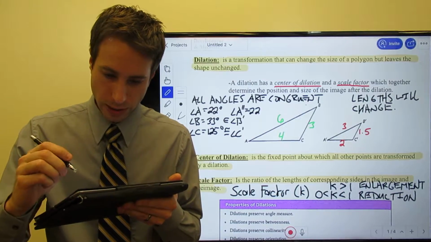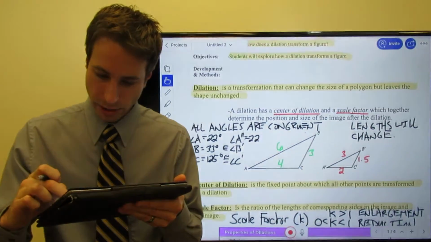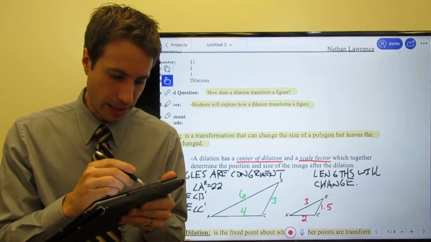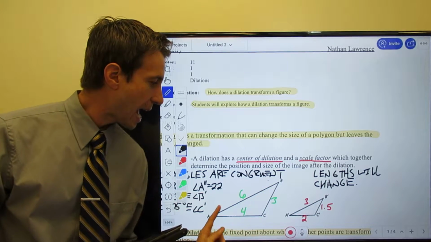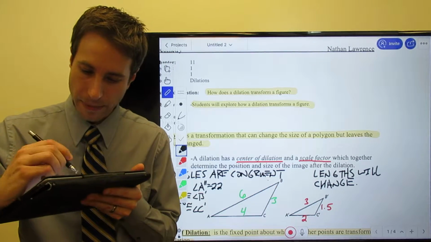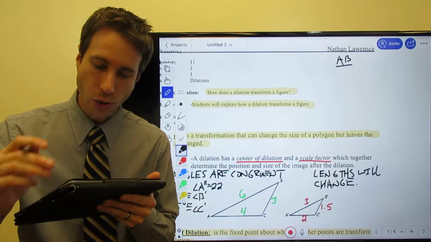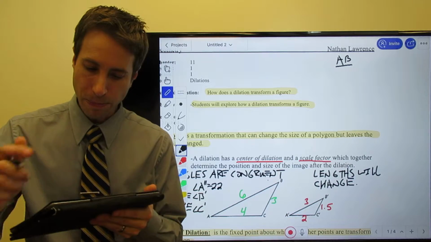Let me slide this down just a smidge, and I will do it right up in here. So, there we go. There's my shapes, right? So I'm going to do AB. So AB, remember a proportion is just a ratio. So I have AB, and then I'm going to divide that by A prime B prime.